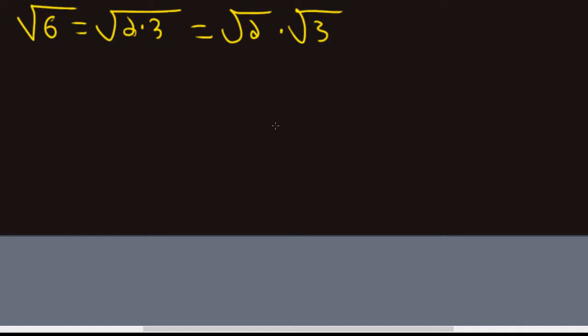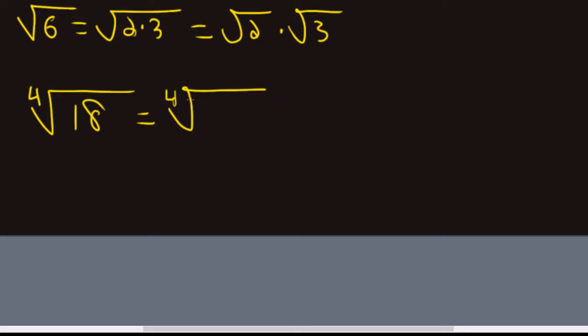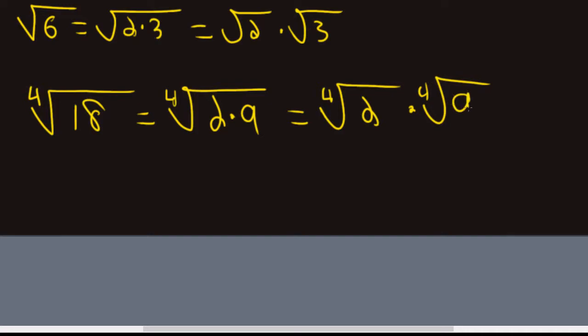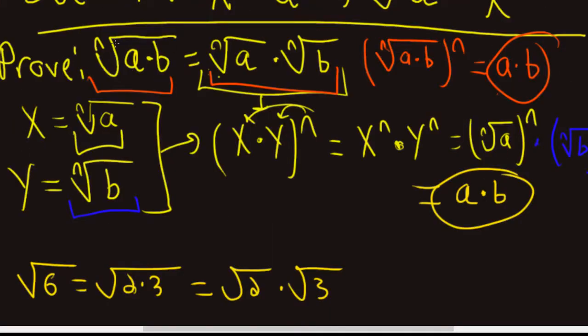And also we'll know that this works for any root. So if I have the 4th root of 18, well, I know 18 is the same thing as 2 times 9. So I would also know that this is the 4th root of 2 times the 4th root of 9. That's a consequence of the proof that we just did up here.